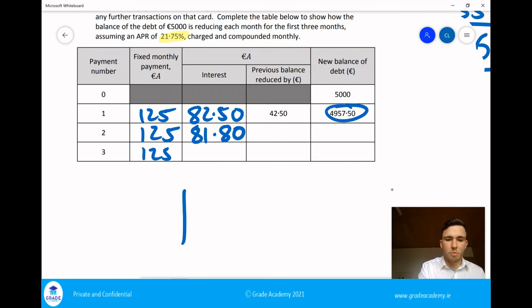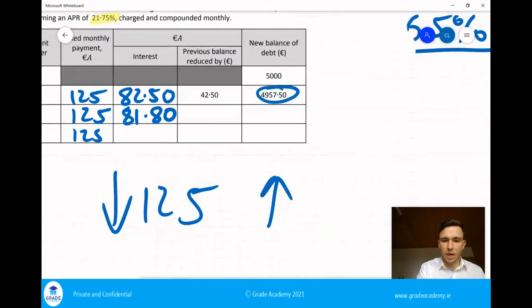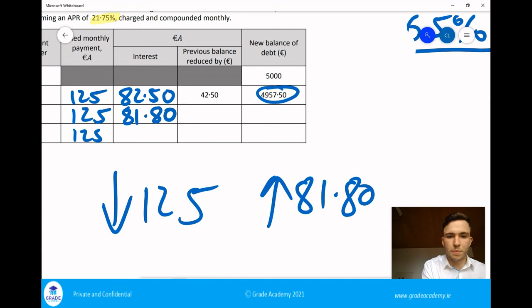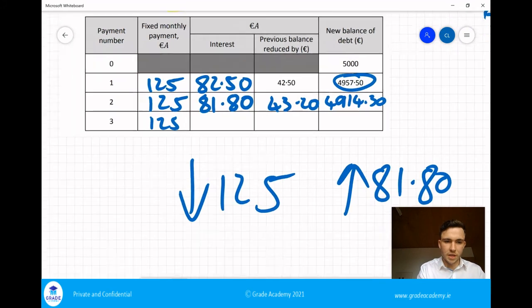Again, we're bringing the balance down by 125, the interest is bringing it up by 81.80, so overall our balance is being reduced by 43.20. And our new balance is going to be 4,914.30.